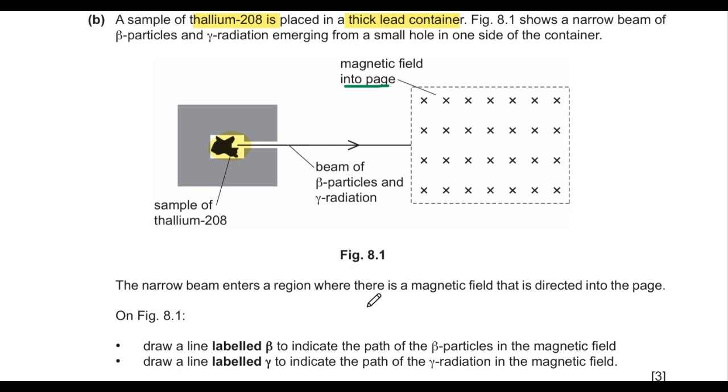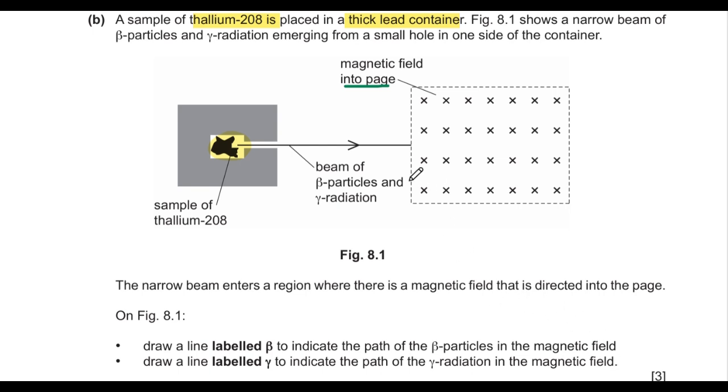The narrow beam enters a region where the magnetic field is directed into the page on figure 8.1. Draw a line labeled B to indicate the path of beta particles in the magnetic field and draw a line labeled Y to indicate the path of gamma radiation in the magnetic field.